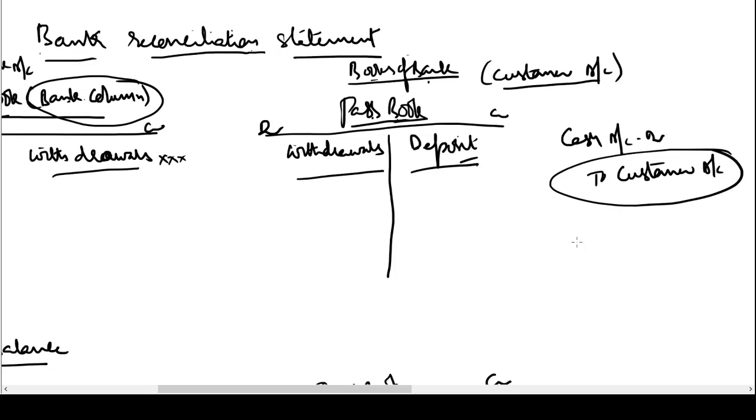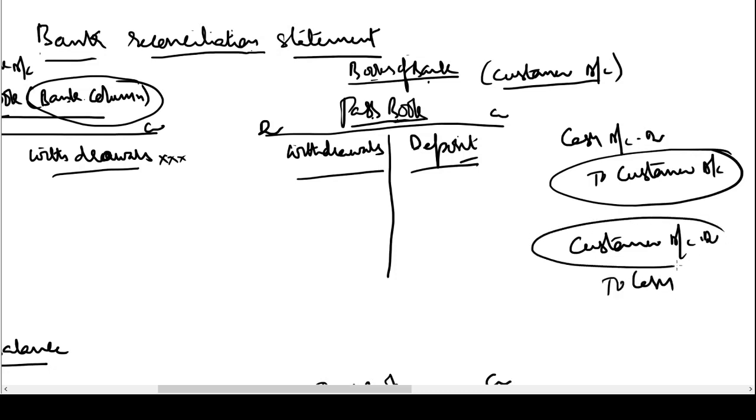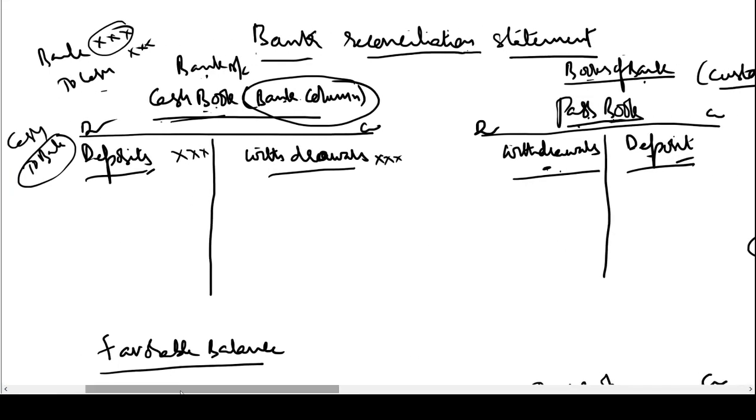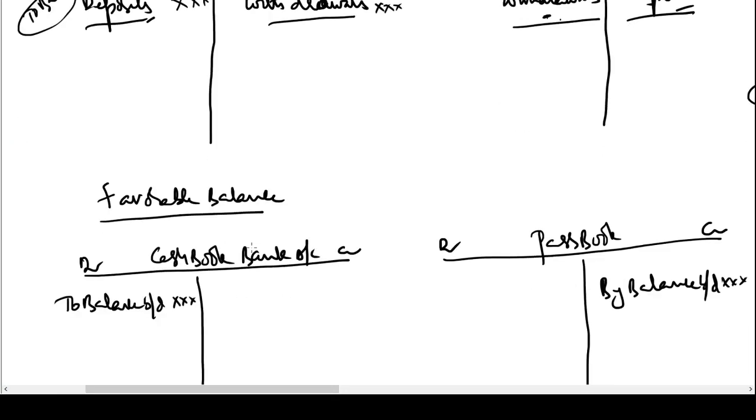And if there is a withdrawal, the customer is the receiver of the money, hence customer account will be debited and cash account will be credited. That is why withdrawal is debited. Okay. So in a passbook, deposits are credited, withdrawals are debited. In cash book, that is the bank account in the books of the business, deposits are debited and withdrawals are credited. Okay. We're just trying to learn the fundamentals required to prepare a bank reconciliation statement.